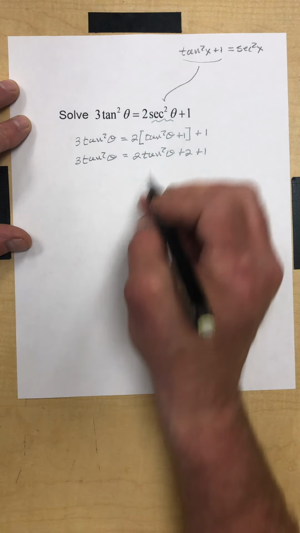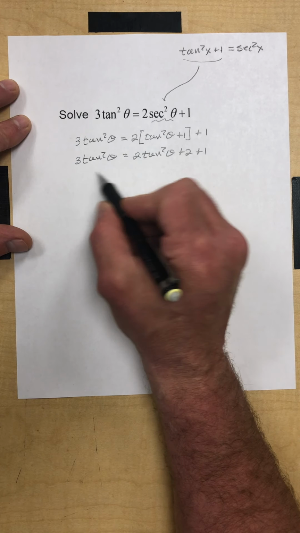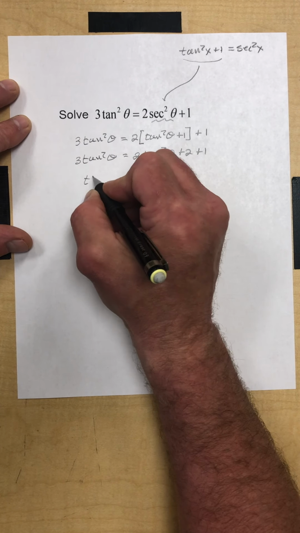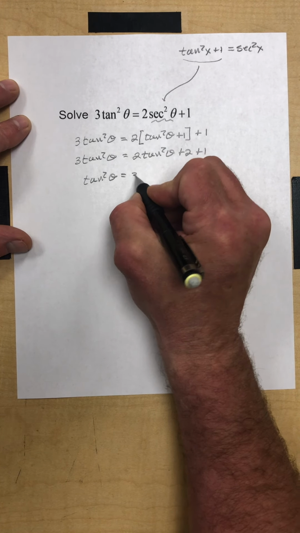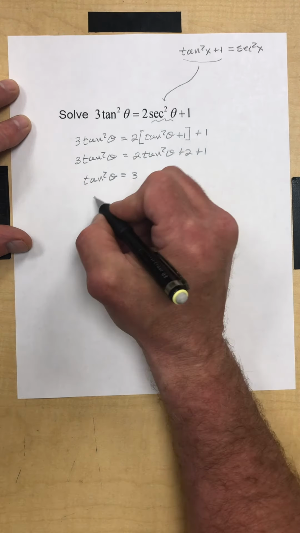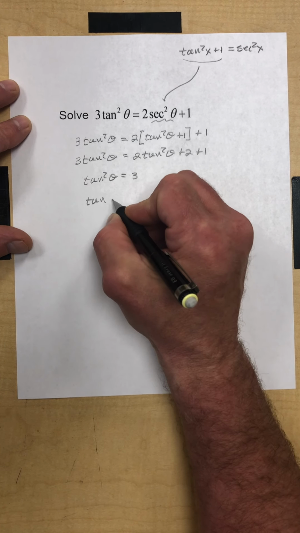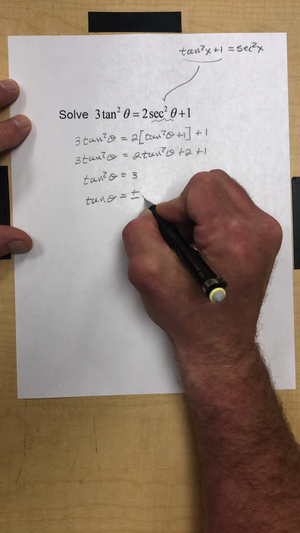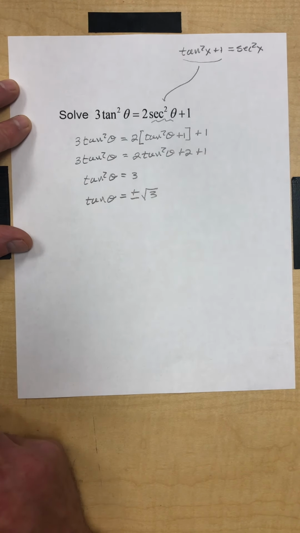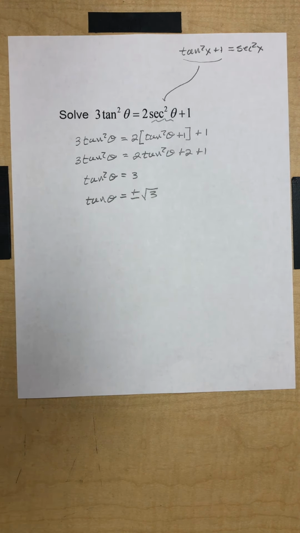So if I subtract 2 tangent squared from both sides, that'll just give me tangent squared theta equals over here 3. Okay, so that means the tangent of theta has to be either the positive or negative square root of 3.